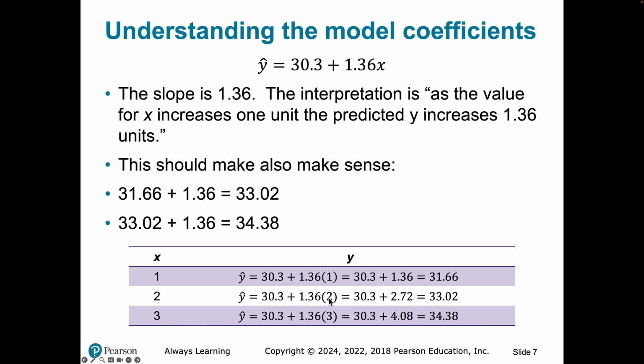So 1, 2, and 3 go in for x, and I create different predicted values. Notice that from 31.66 to 33.02 is 1.36 difference. Notice from 33.02 up to 34.38, the difference is 1.36. So as I increase 1 unit, the predicted y increases the amount of the slope.